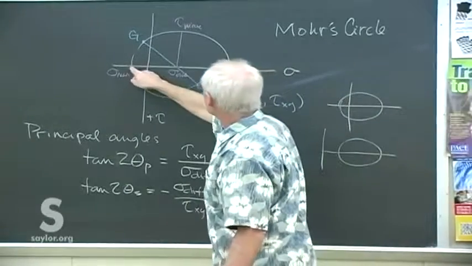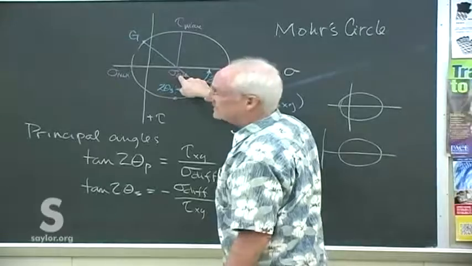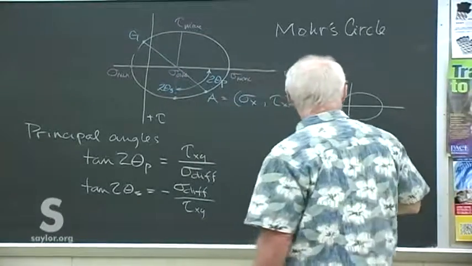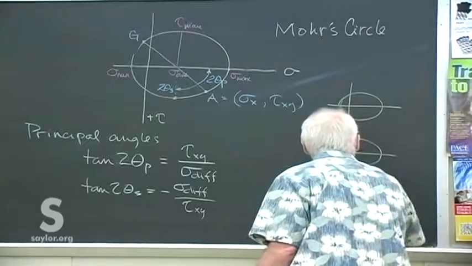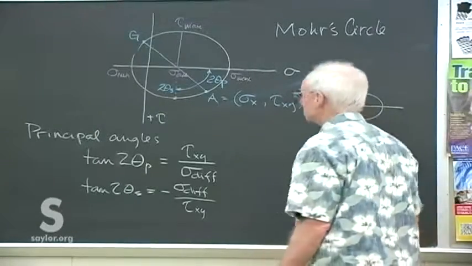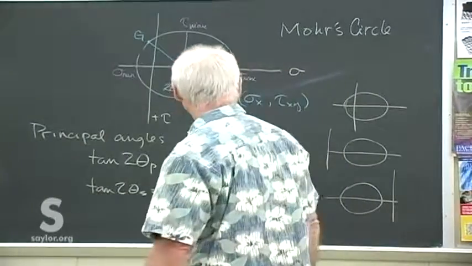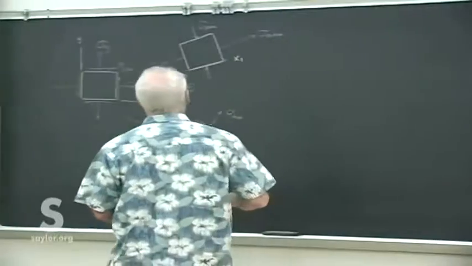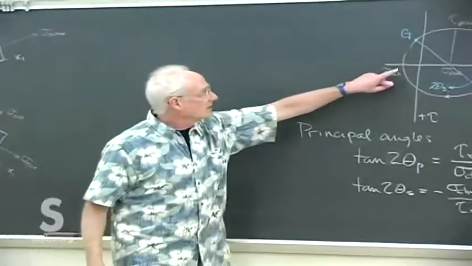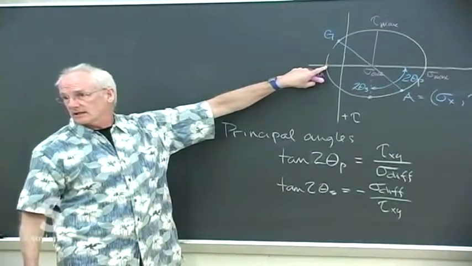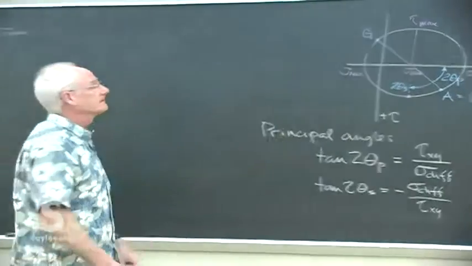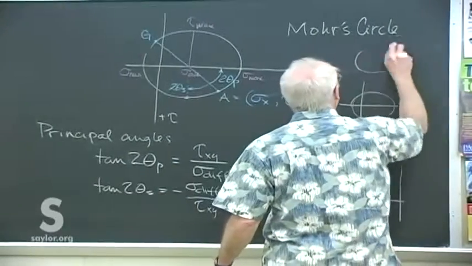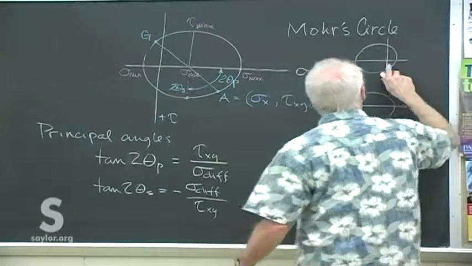All of these are set by the values, mostly sigma average that puts the center, and R, or tau max, that fits the radius. So that shear axis could fall anywhere. And depending on where it falls, I just happen to draw it such that the minimum shear is a negative. I guess another possibility is it could fall like this too.